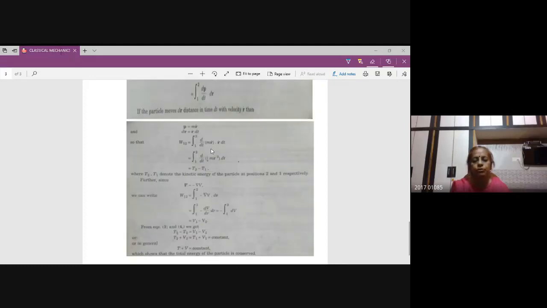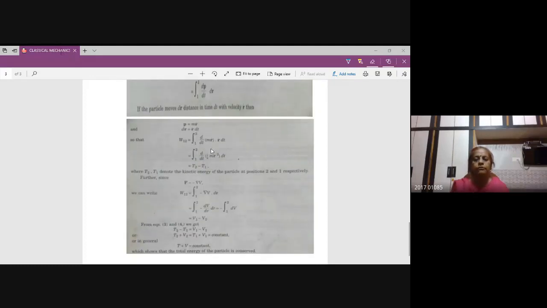Using Newton's second law of motion, putting F equal to dp by dt, I get work from point 1 to 2 to be the integral 1 to 2 of dp upon dt dr. Here dr is the distance moved by the particle in time dt, having a velocity r dot.